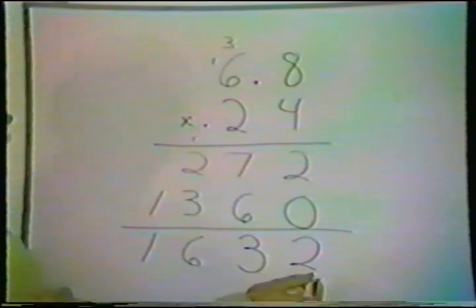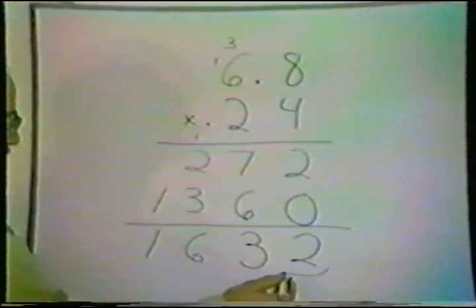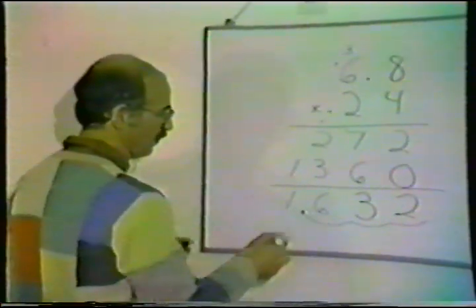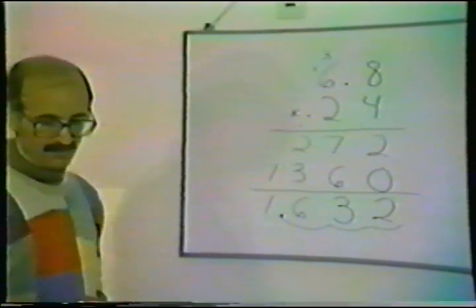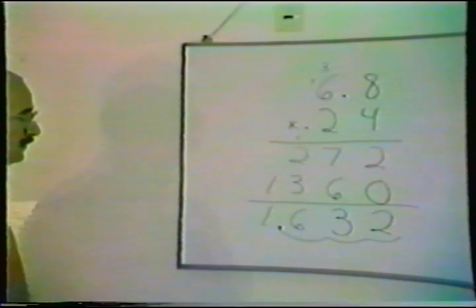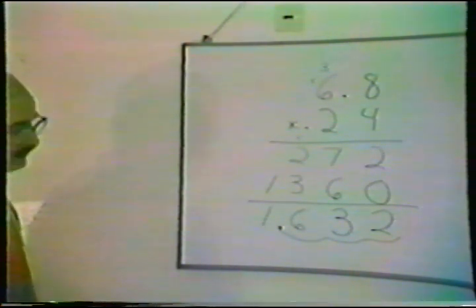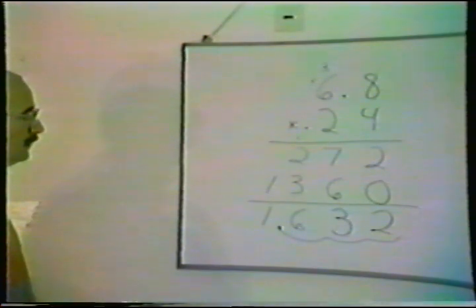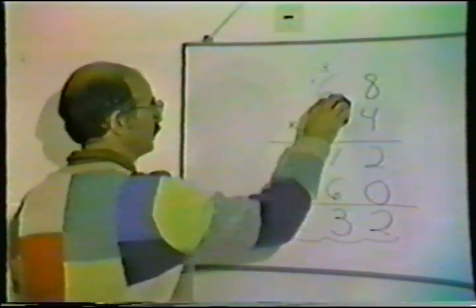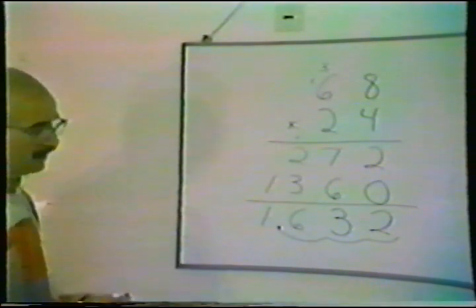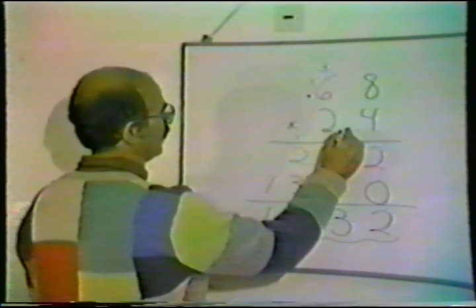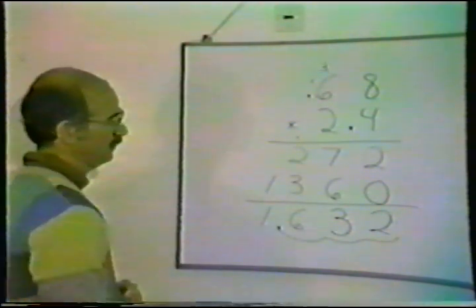So we start at the end, we go back 1, 2, 3, and put the decimal point right there. Please read the answer for me. 1,632 thousandths.